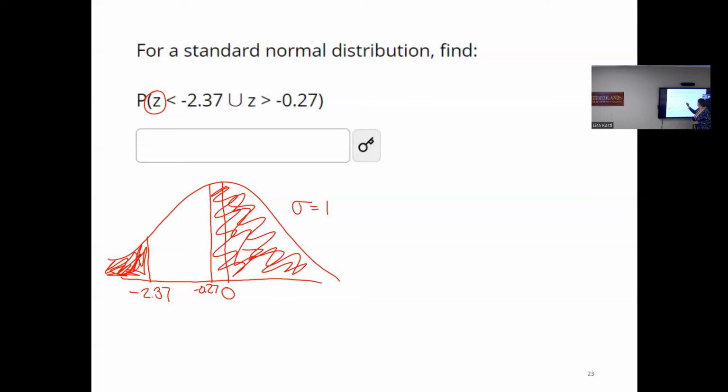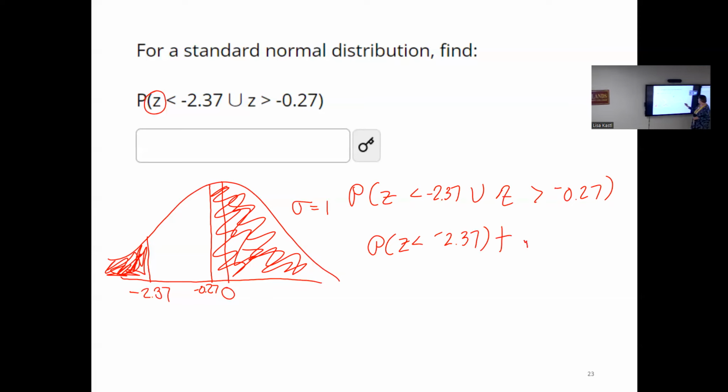So the probability that Z is less than negative 2.37 or greater than negative 0.27 is the probability that Z is less than negative 2.37 plus the probability that it's greater than negative 0.27.